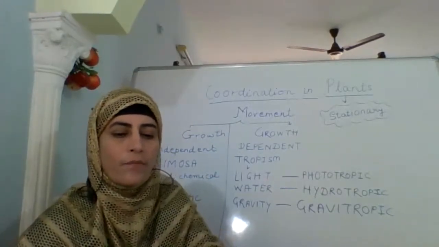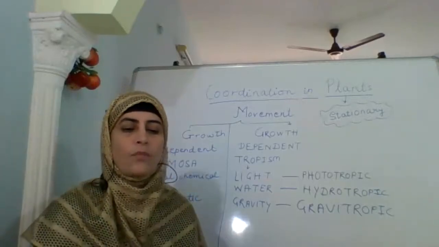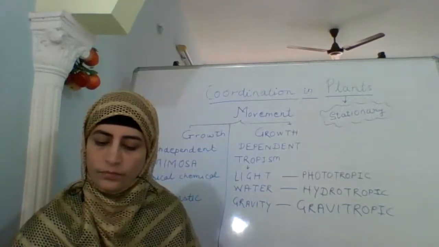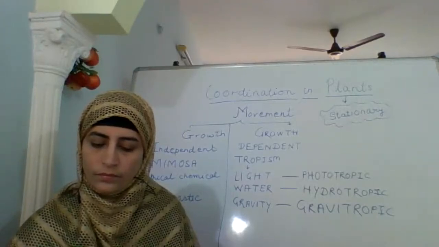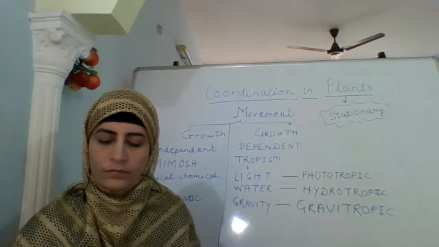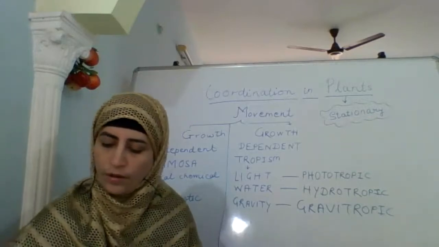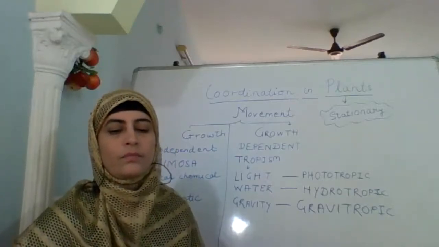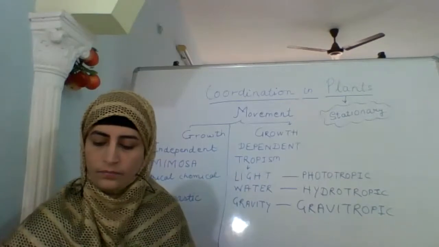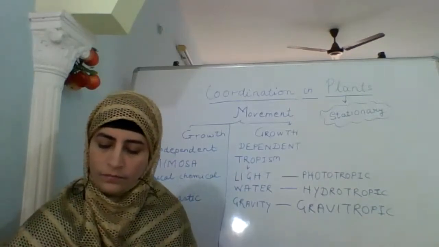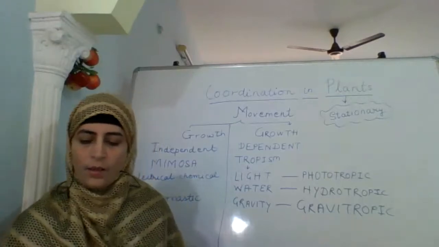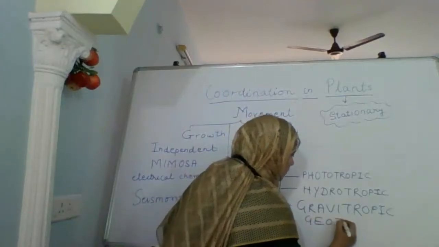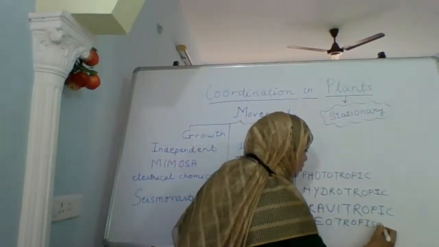The root system of the plants responds to the stimulus of the pull of earth or gravity, which is known as gravitropic movement or geotropism.